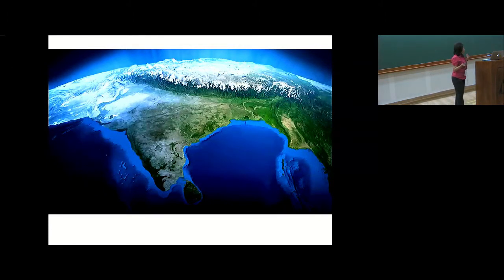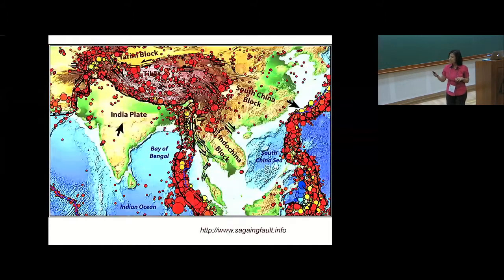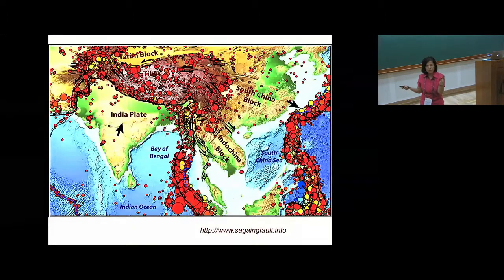It's not just a difference in topography as you look at this region. If we also look at the earthquake distribution, we see that it is very different depending on where you are. These red circles are each earthquake sources.